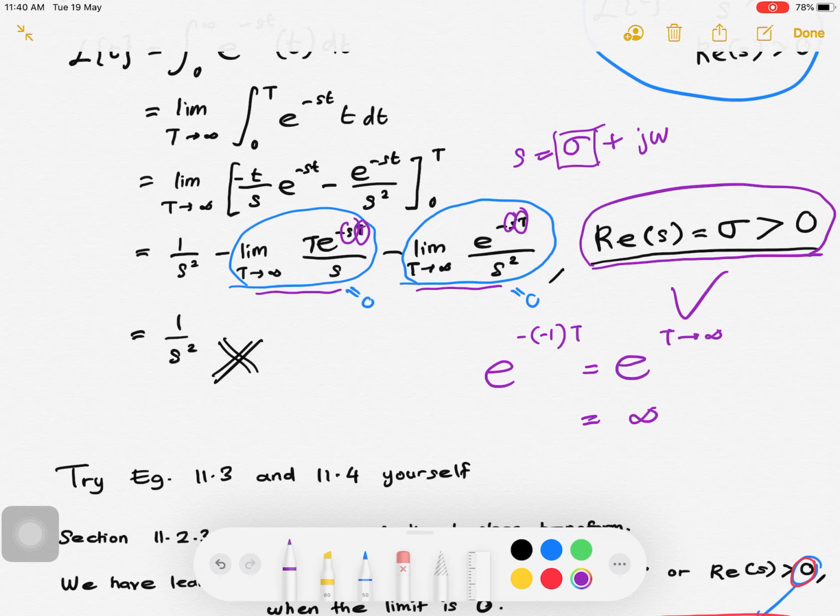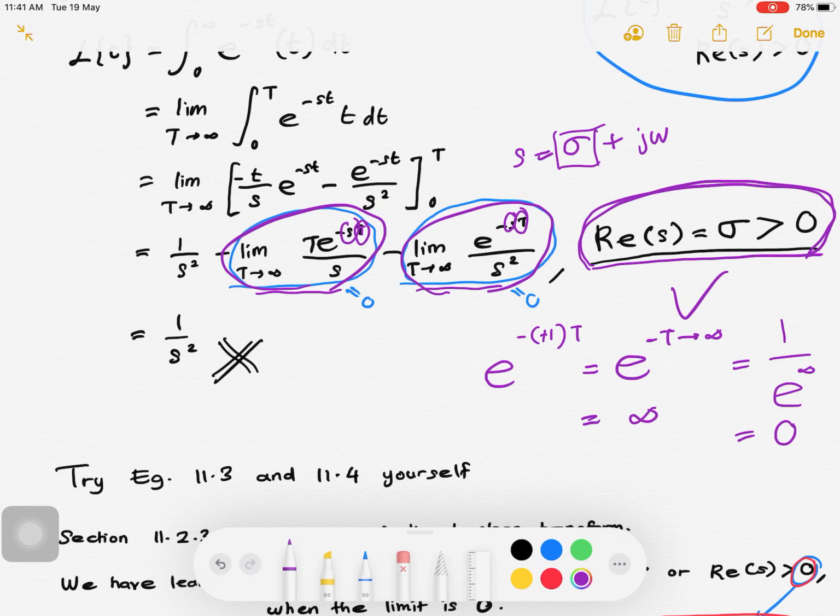So when epsilon is bigger than 0, for example positive 1, this one will be negative, and it will be 1 over e power of infinity. So this one will be equal to 0. So when we set this condition, these two components will automatically become 0.